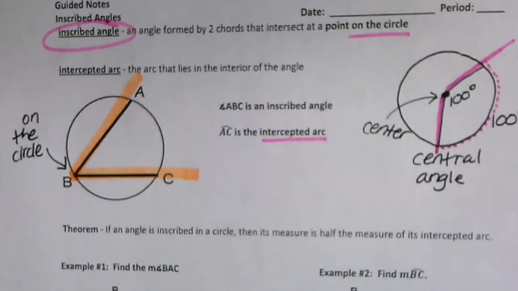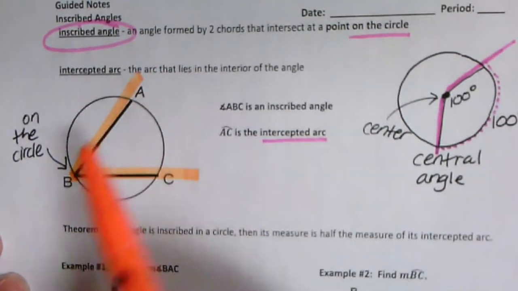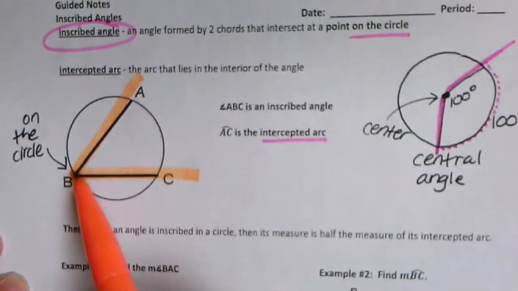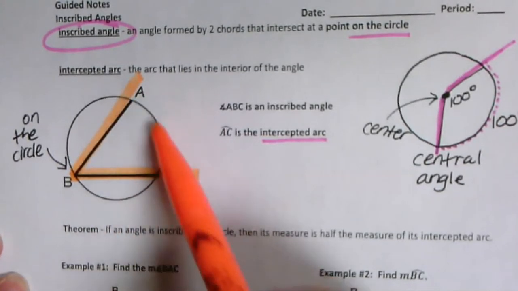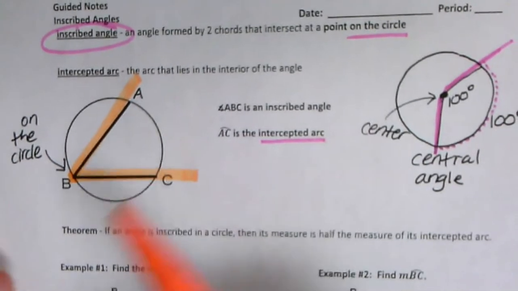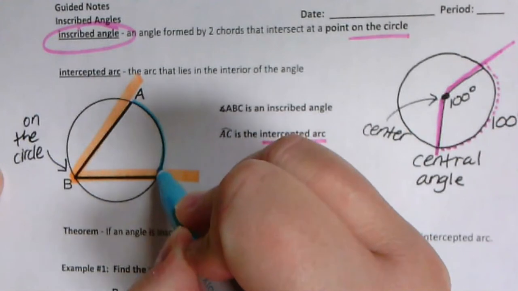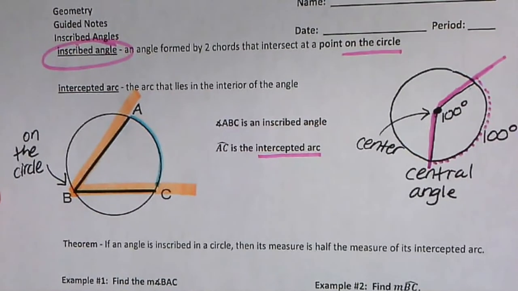And you notice I'm tracing the two edges of it and carrying on past the edge of the circle, to point out that it chops off a piece of the circle between the two sides of the angle. In this particular case, the piece it chops off is arc AC, and that's why AC is our intercepted arc. All right, so that's the definition of an inscribed angle.